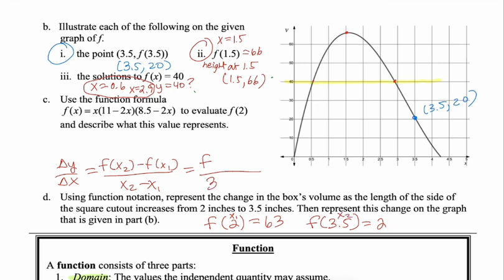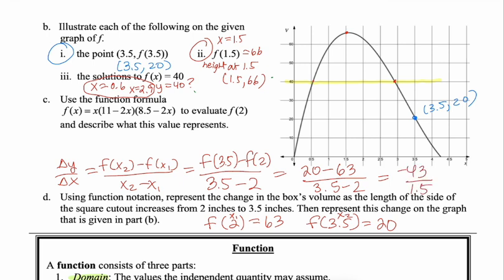So we're going to be f of 3.5 minus f of 2 over 3.5 minus 2. So that would be 20 minus 63 over 3.5 minus 2, which is negative 43 over 1.5. Or, let's just double everything, negative 86 over 3.